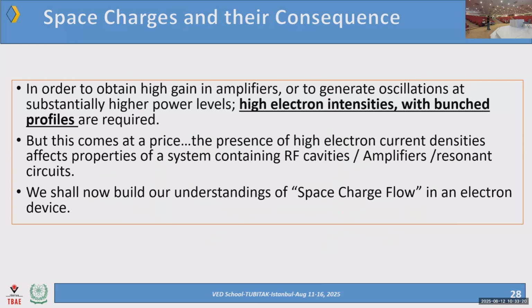We have to pay the price. Whenever there are high electron densities with bunch profiles, wherever they go, they create disturbance. So this is a problem, and once solved, it will bring us a step closer to the electron gun design.